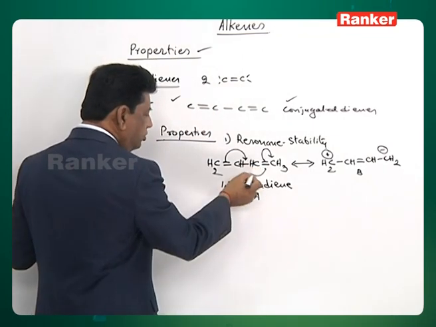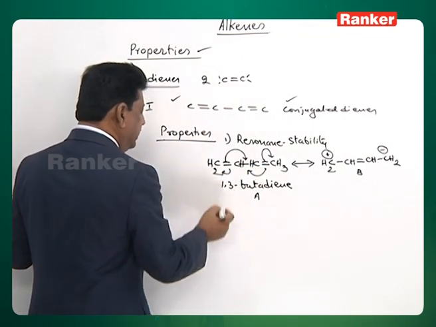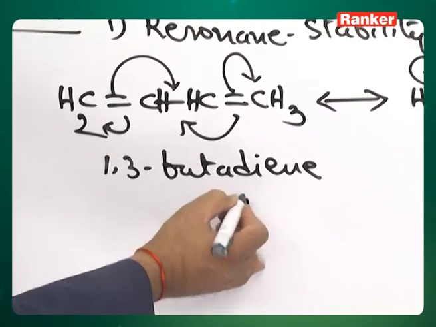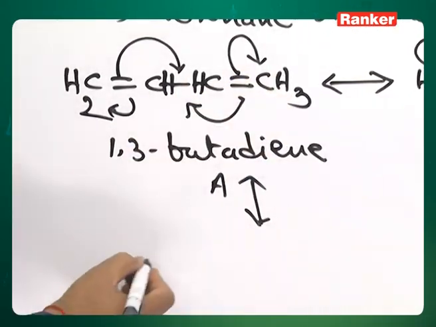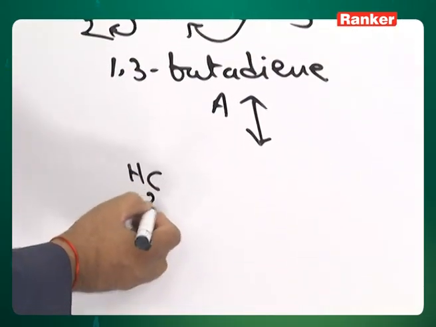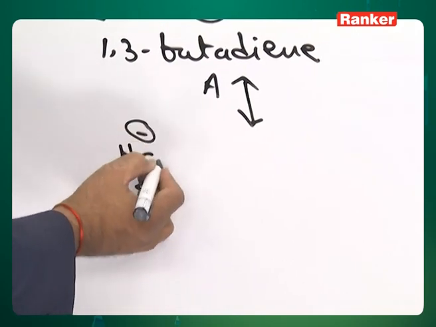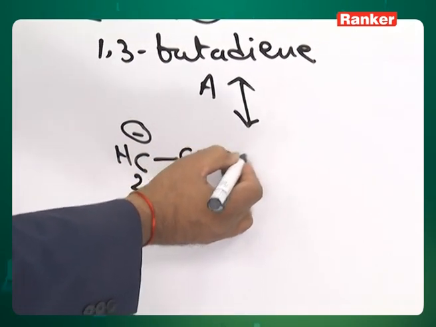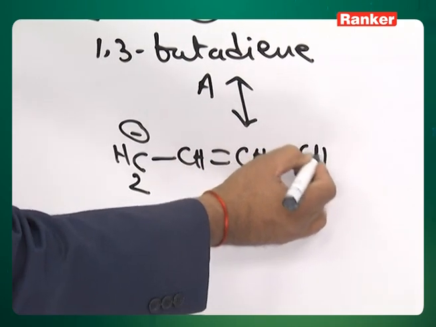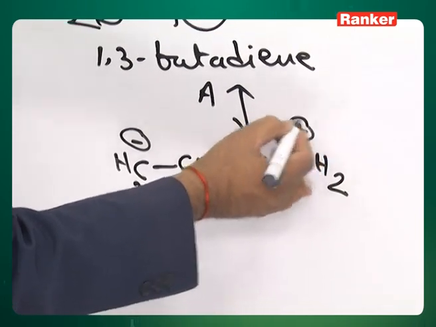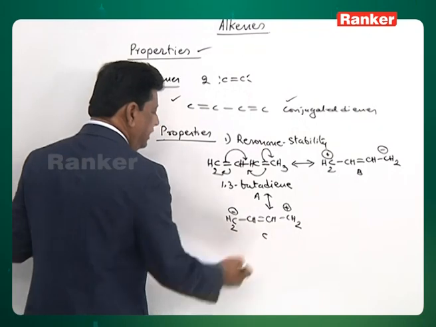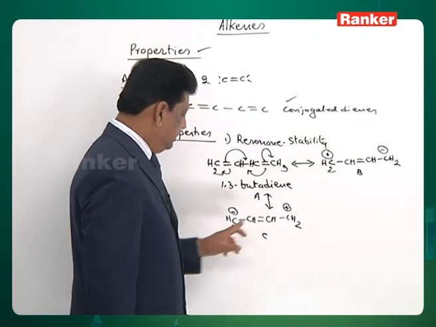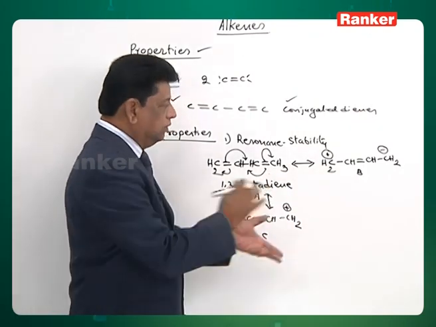If the double bond goes in the opposite direction, you will get one more resonance structure which is almost equal to that, but the charges are reversed: this side minus and that side plus. Conceptually, structure C and structure B are nothing but the same, in fact just with minus and plus reversed.